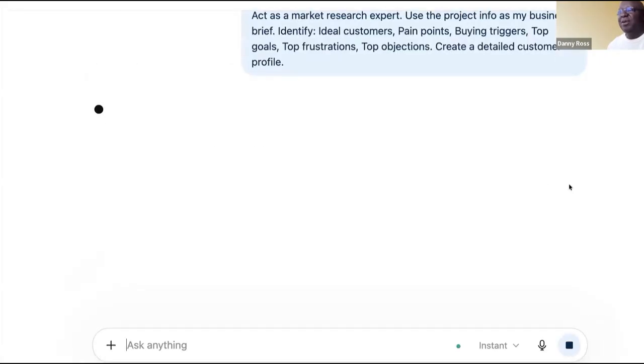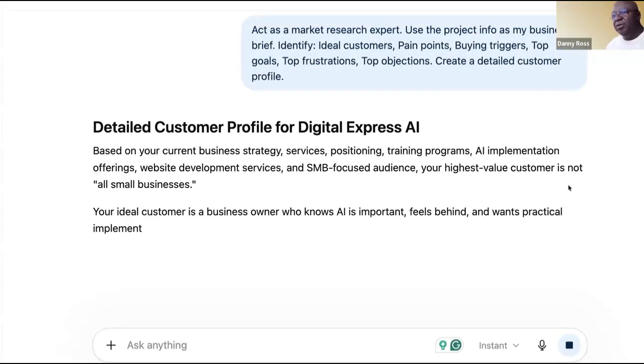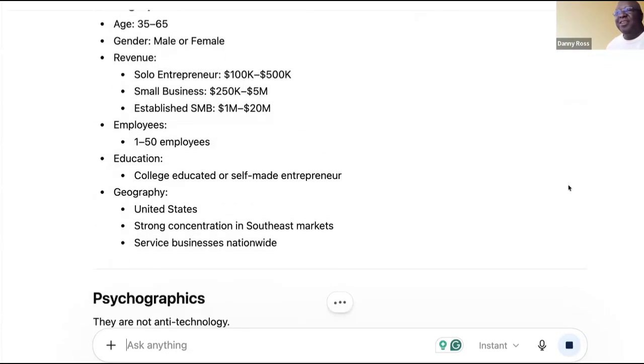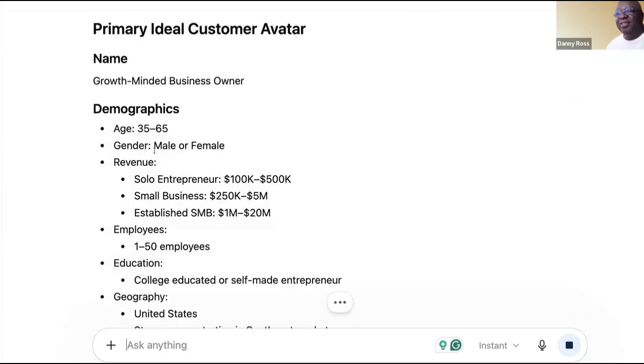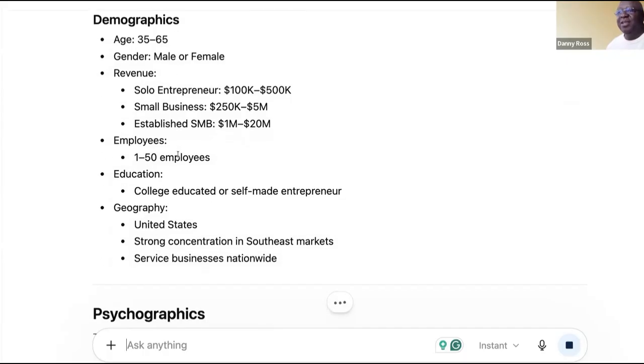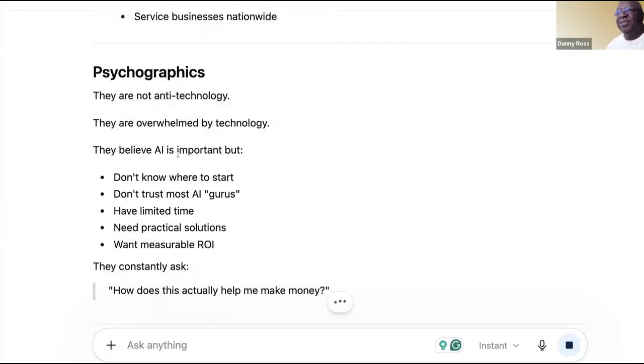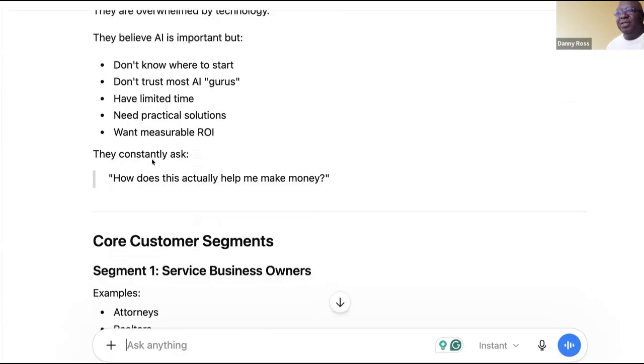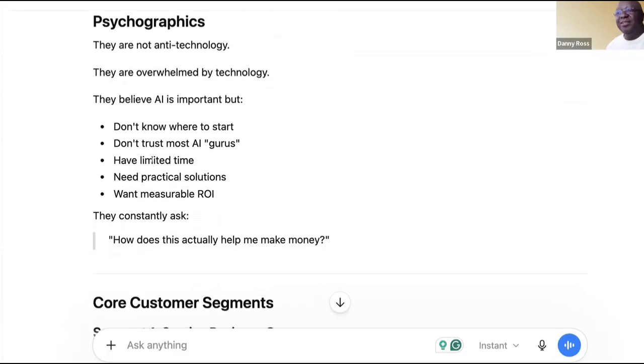It's a really simple prompt in the sense that it knows a lot about me, so it's not going to take much time to come up with it. It's going to tell me my target audiences: small, medium-sized businesses. Psychographics is the marketing term for what the target audience is going to be interested in.